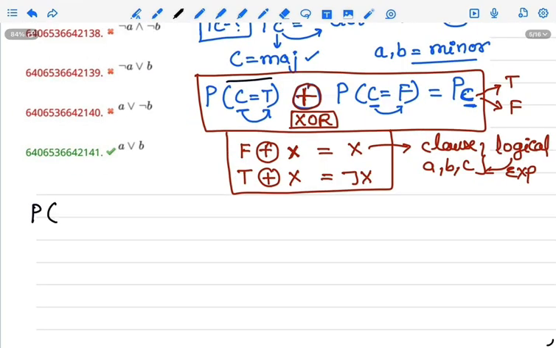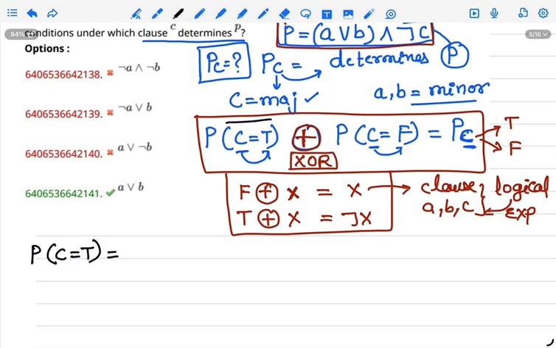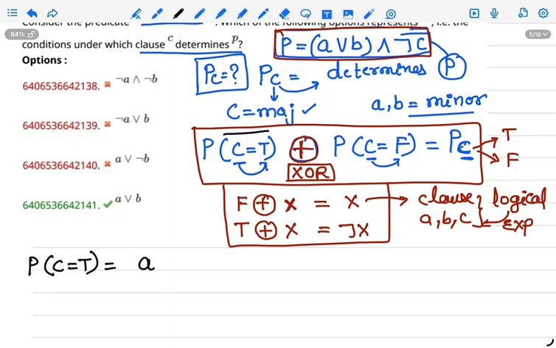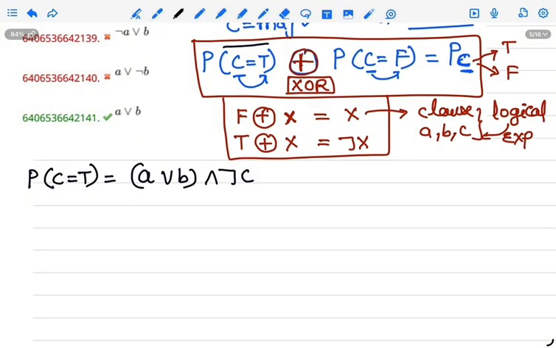Now C equals true. The predicate given is A or B and not of C. Replacing C with true, we get A or B and not of true, and not of true is false.